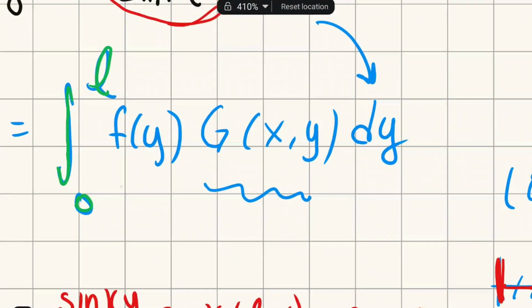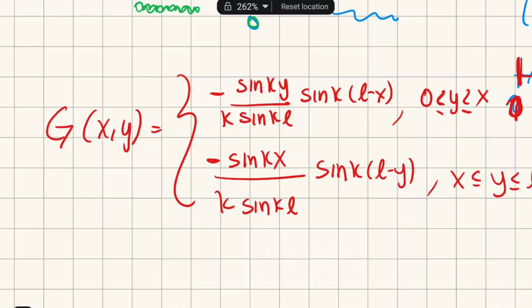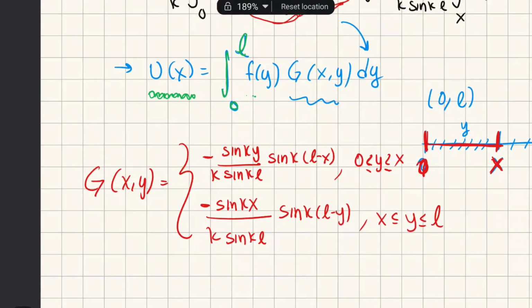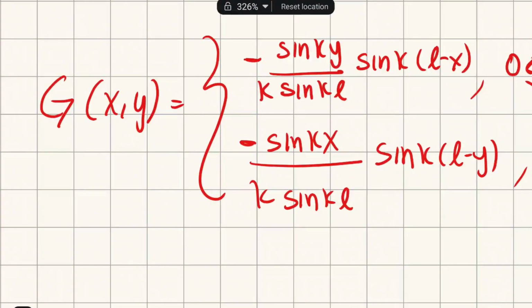And this is the integral of the function f, which is, remember, the term that makes the differential equation not homogeneous, times a function of two variables, which is g. And we were able to define the form of g. So that is the main idea of the Green function. Then if we are able to solve this integral, we are able to solve the differential equation. So this function g, of course, is known as the Green function associated to the differential equation.